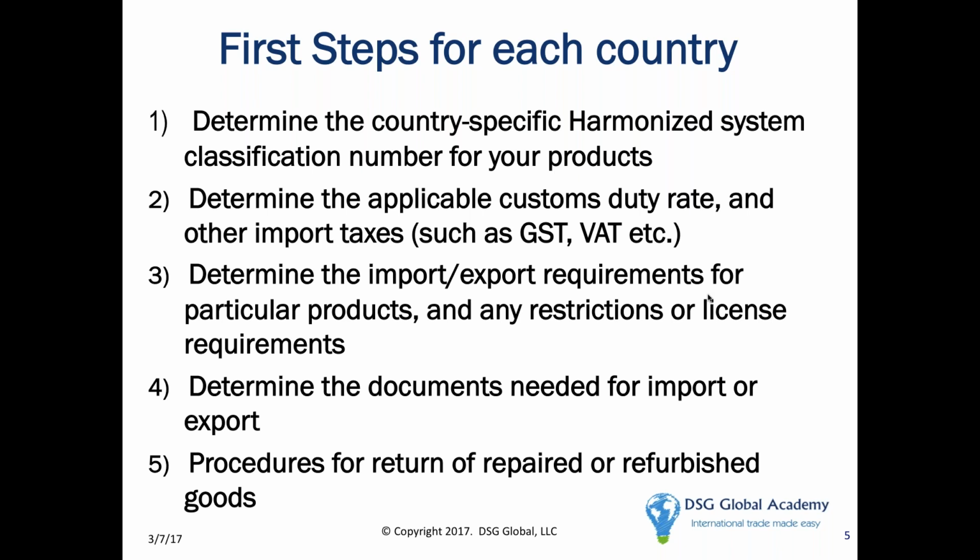So the first steps for any country are the following. You need to find out the harmonized code for your product. Now remember, the US harmonized codes are valid in other countries only for the first 6 digits. It's common around the world for the first 6 digits.